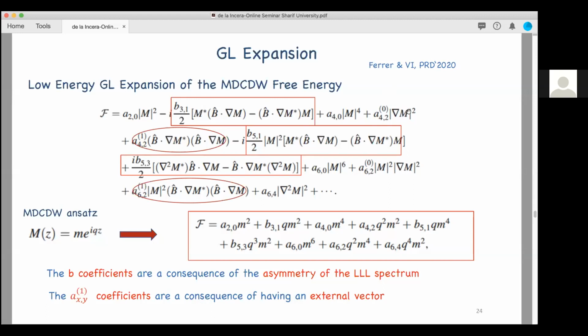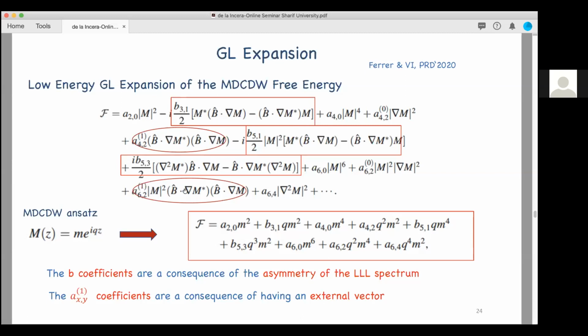This is a regular term if you don't have a magnetic field, but now you replace the gradient by projections along the magnetic field, and this term will give you this new term. This is a new term that normally would not be there.